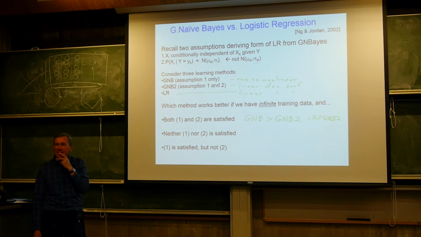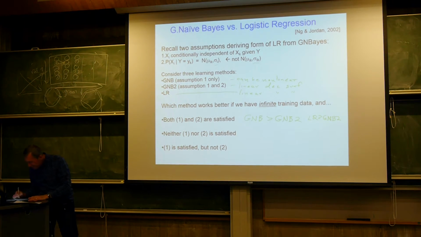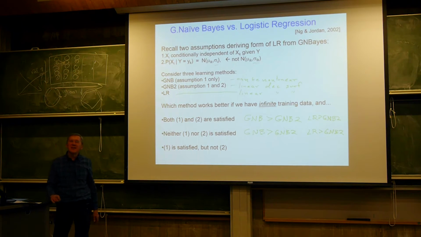In this case, you can say, okay, GNB is greater than GNB2, and logistic regression is greater than GNB2 again. Yeah, I think I agree with that. And that's about it. Is there anything else?